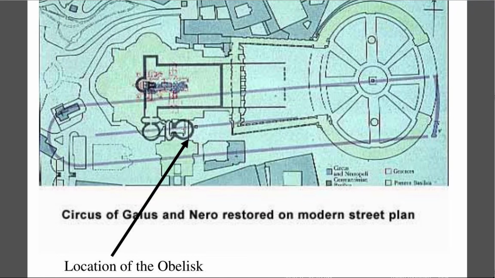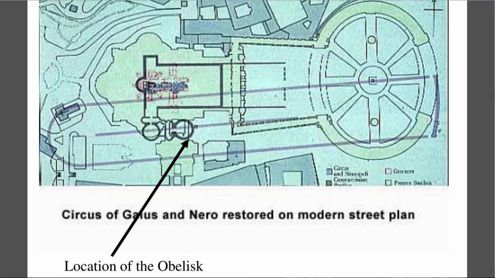And this obelisk was standing at the time that St. Peter was crucified. So it witnessed the crucifixion of Peter and also other martyrs, and some of them are buried here, right at what became, a few centuries later, the center of the old St. Peter's Church.